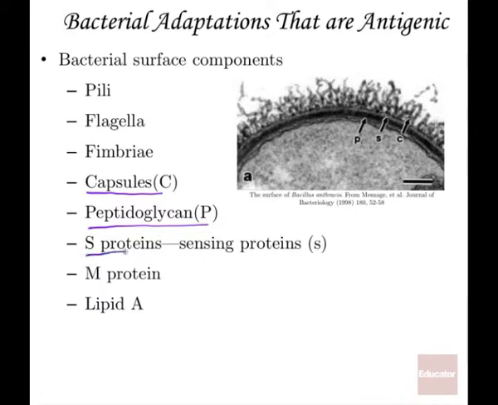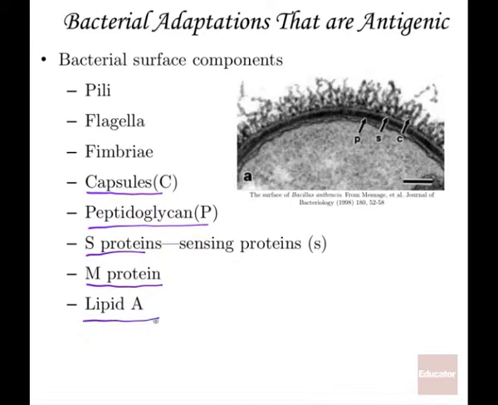There are these S proteins, and these S proteins are what's known as sensing proteins, and these can actually detect variations in the environment and can even sometimes signal the cell to undergo various somatic cell changes and to better adapt to the environment. The M protein and the lipid A protein, and we learned about these in earlier lectures on bacterial structure and bacterial adaptation.